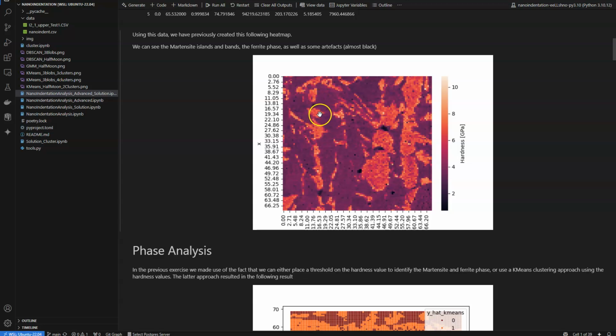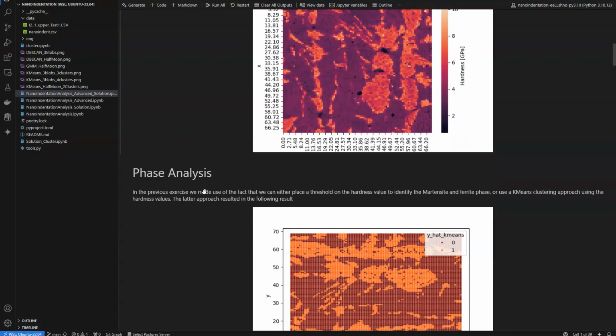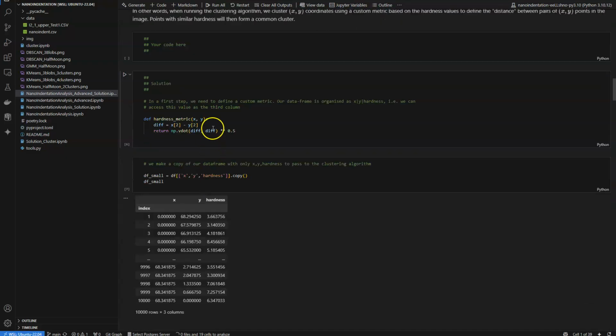So the clustering algorithm should learn that these regions indicated by this color should belong together, these regions that have similar colors here should belong together, and then there are these artifacts that are different from both this region on the martensite and from the ferrite region, and they form their own clusters. So this is what we want to achieve with the custom metric, and this is what we encode here.